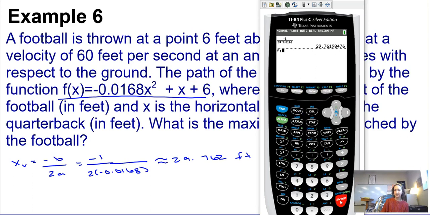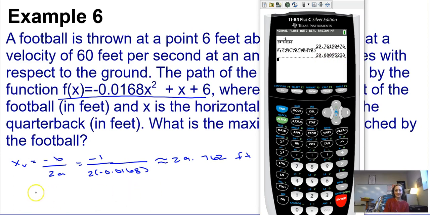I plugged mine into y1, and I want to input this 29.762. A couple ways to do that, but if you hit your up arrow, it will highlight it, and then hitting enter will copy and paste it into your parentheses there. And this avoids some rounding errors as well. So if I hit enter, all right, my function value is 20.881 at the vertex, right?